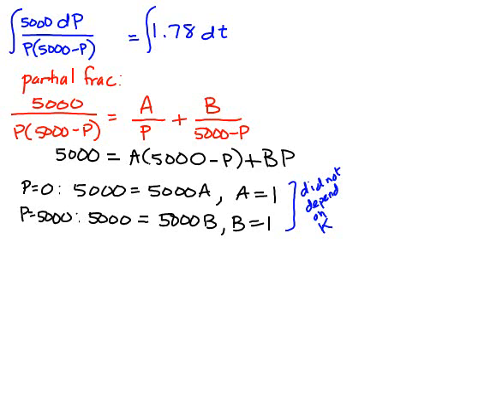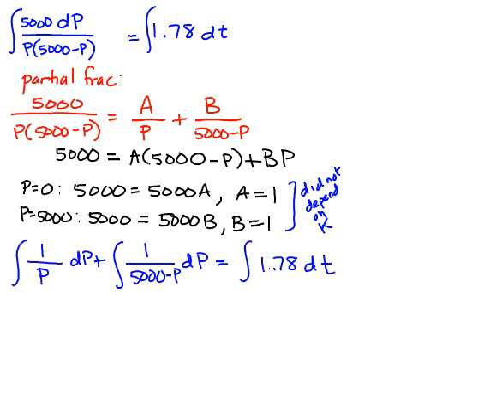Notice that the value of lowercase k, the growth factor, had no influence over the values of A and B in our partial fractions. So now we need to integrate 1 over p plus 1 over 5,000 minus p. In future solutions of the logistic differential equation, we can assume that the partial fractions will be 1 over p and 1 over the carrying capacity minus p, like in this one.